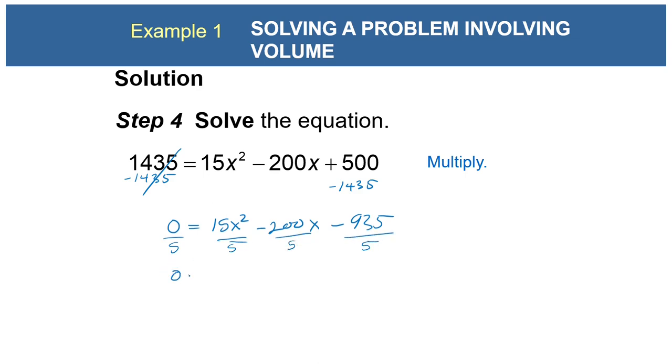So I have 0 equals 3x squared minus 40x minus 187. Now I can try to factor this. I'm going to multiply 3 times 187.